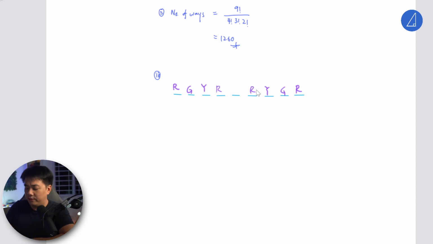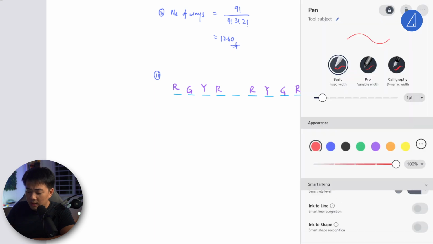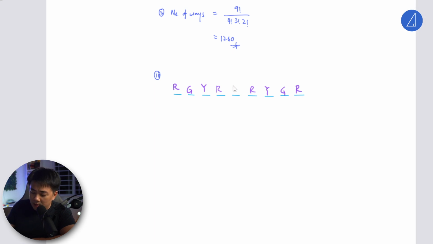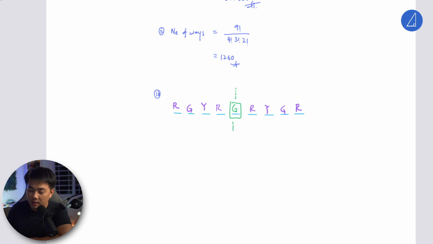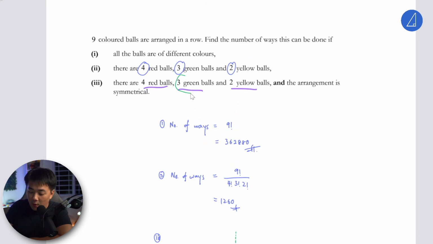So we try to understand the question first. Now the first thing to note is that actually this has to be a green ball, this guy in the middle, and it's fixed. Now you can't choose it. If something is predestined, you don't need to choose it. So that's usually the case. Just understand this, if this is smack down in the middle, this ball has to be a green ball because green is the only odd number of balls here.